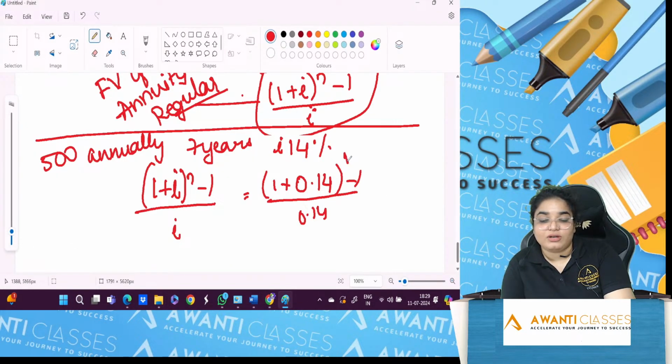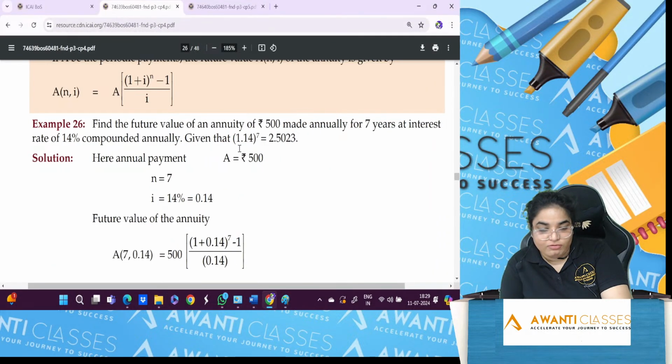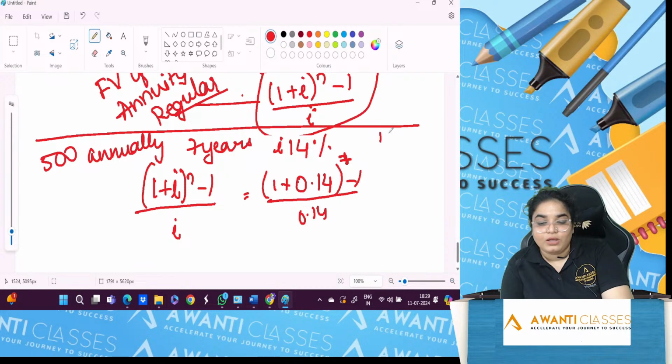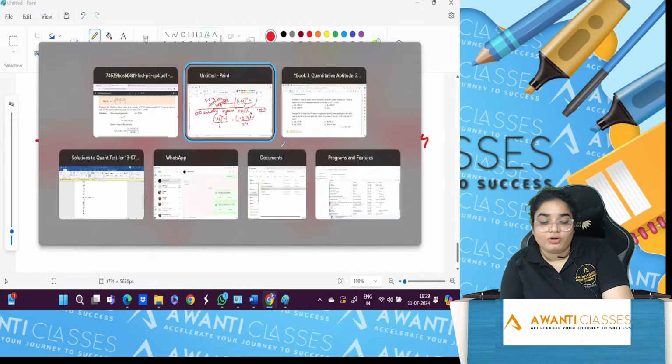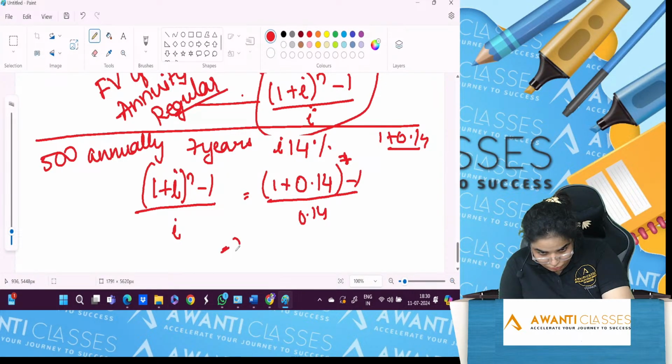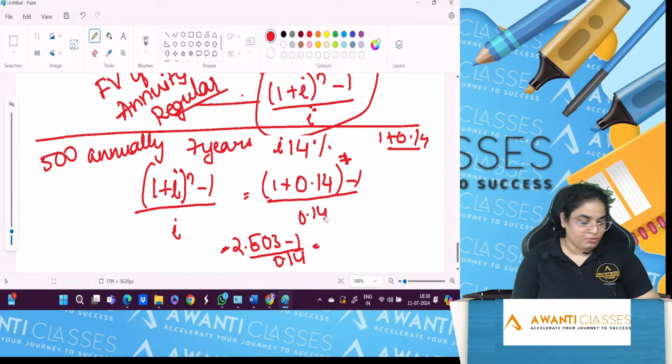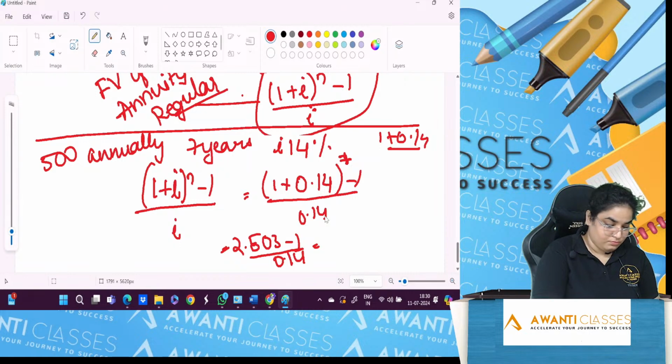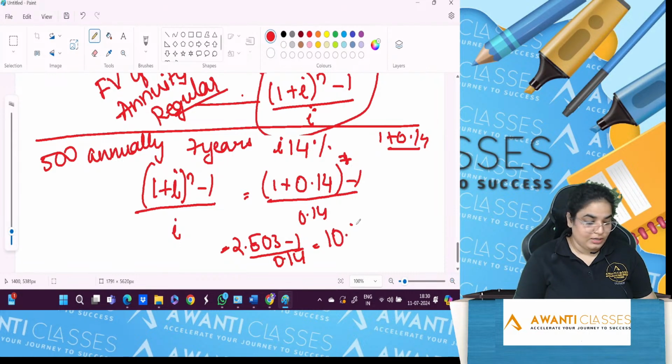Now, they have already given me 1.14. 1 plus 0.14 is 1.14, to the power of 7 is 2.503. So 2.503 minus 1 divided by 0.14 is equal to 10.735.